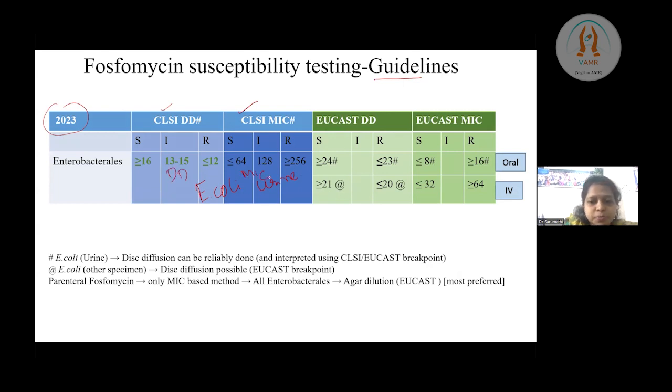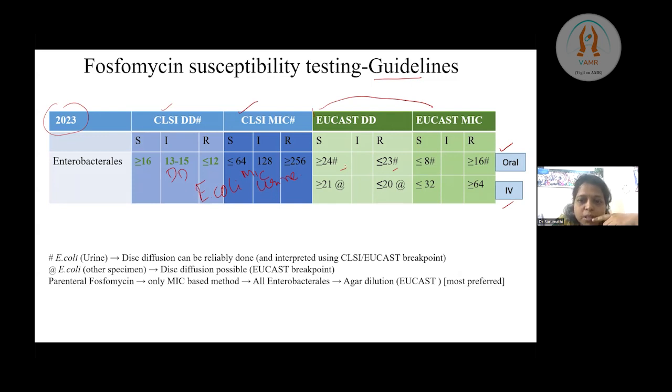Whereas if you see the EUCAST guidelines, we have a disk diffusion breakpoint for E. coli urinary isolates, and EUCAST gives it separately for oral and IV. CLSI doesn't say anything about oral and IV, they just say E. coli breakpoint for urinary isolates. But EUCAST has separate breakpoints for oral and IV formulations.